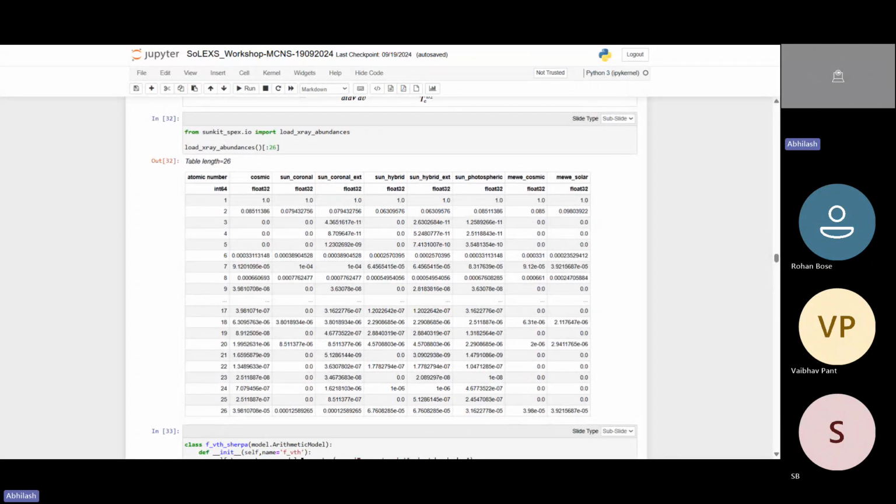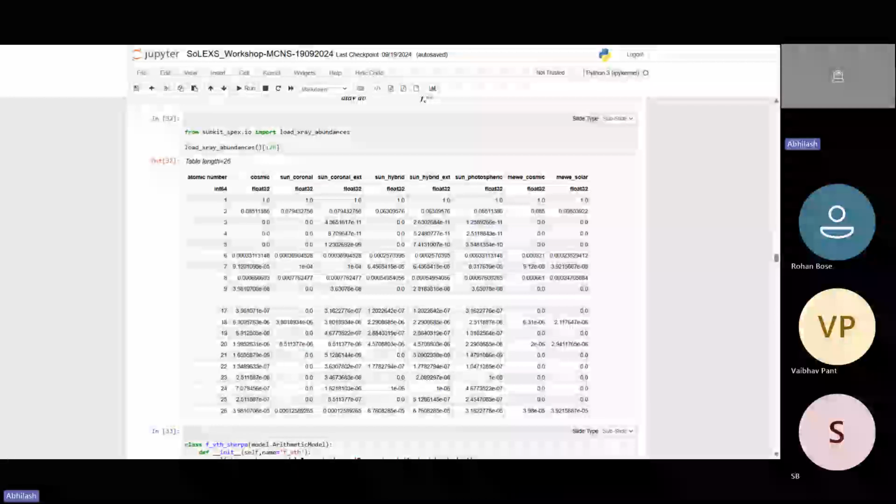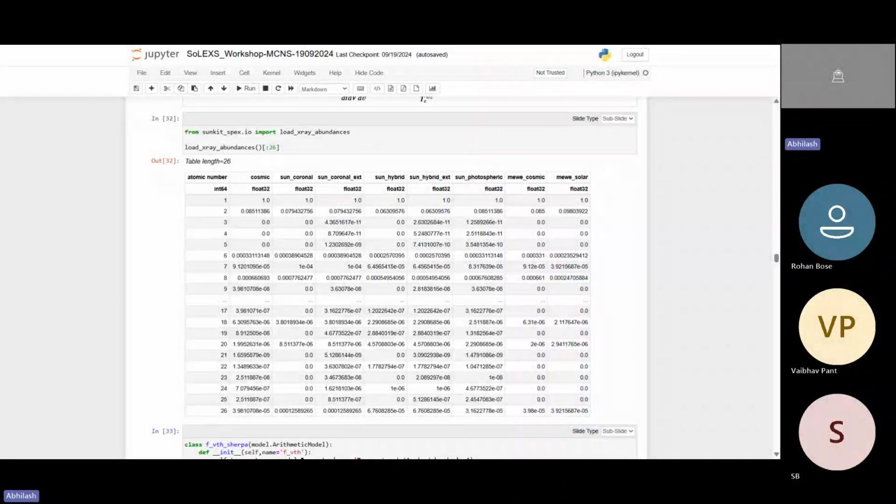The first column is the atomic number, 1, 2. The 1 is all 1, since it's in reference to hydrogen. You can see 26 here, the last row, which, after hydrogen and helium, is the next most abundant element, at about 6 times 10 to the power minus 5.